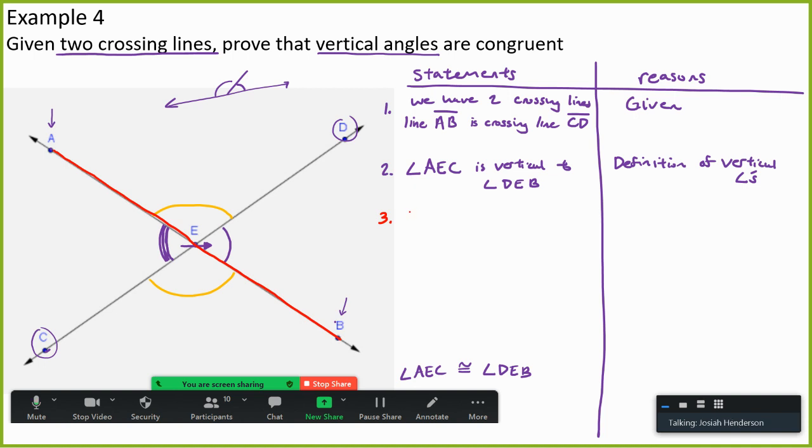The top yellow is angle AED. And the bottom yellow is angle CEB, as in boy, CEB. And what are those? They're vertical. That's the definition of vertical angles again.